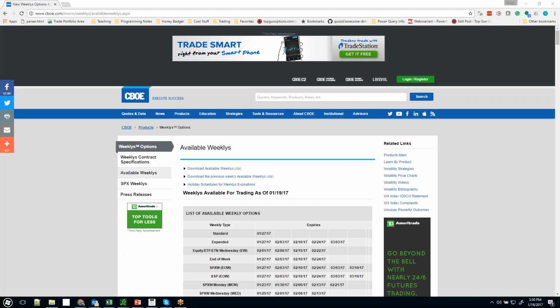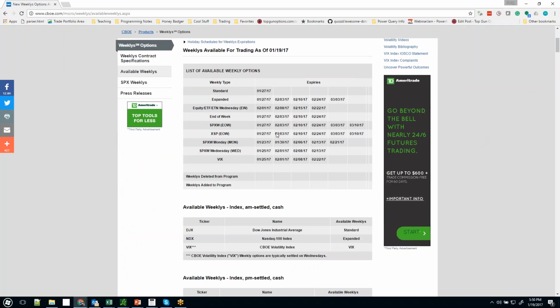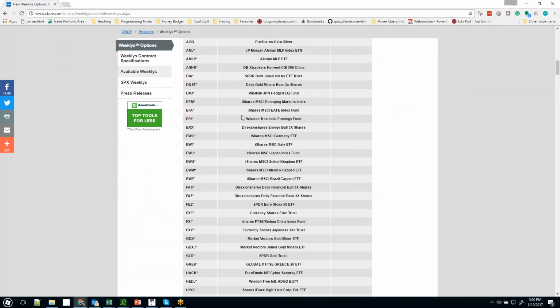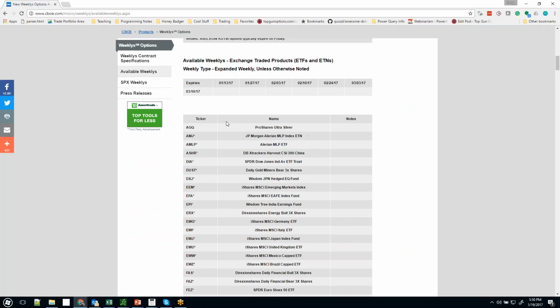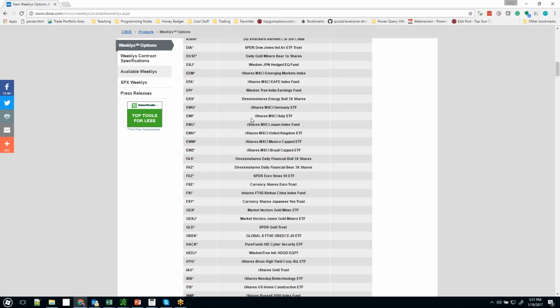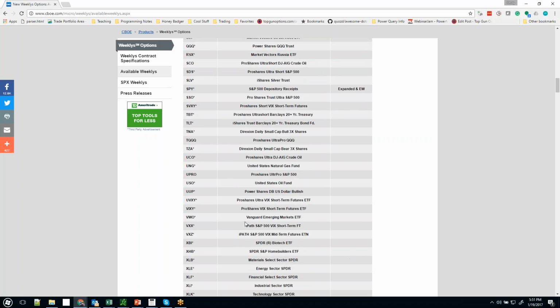If you go to that website that I just gave you, copy that and use it as a general reference periodically. The symbols on this page, down here, you've got a list of, let's see, these are ETFs, exchange-traded funds and exchange-traded notes. All of these have extended weekly options and tend to have a fairly high level of options activity on them. And these are generally ones that you can use pretty easily in trades.